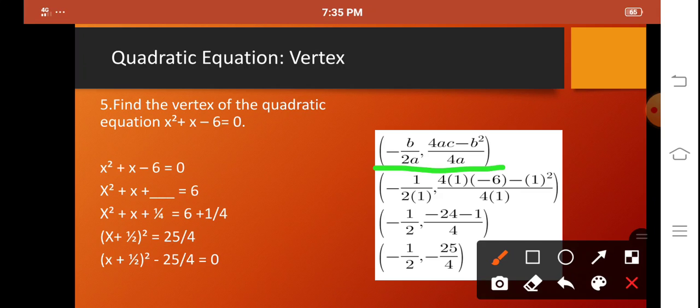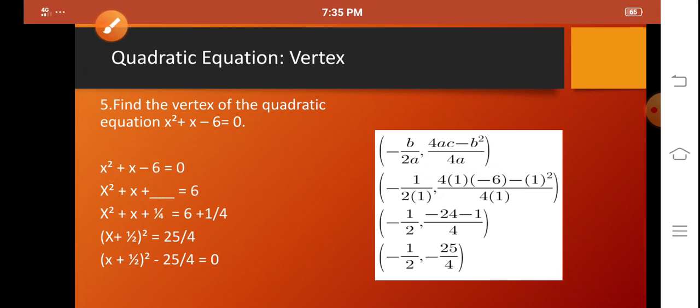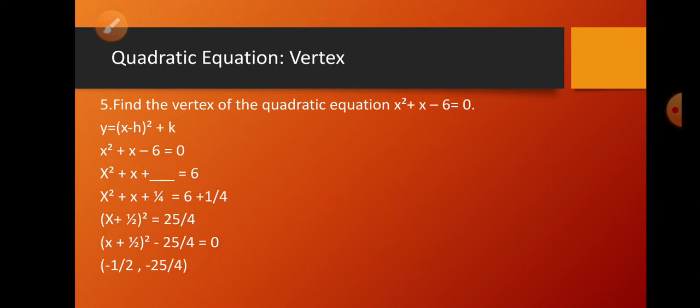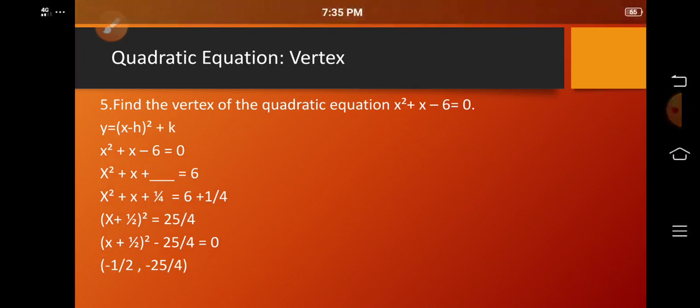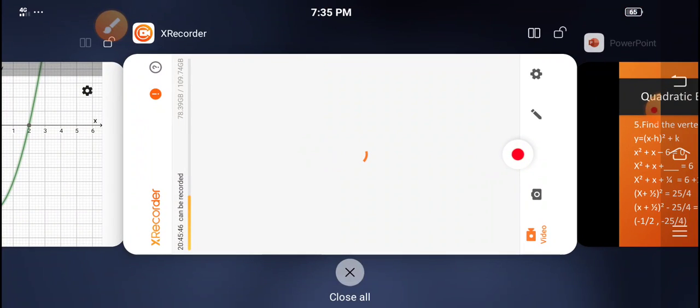Now, what is this vertex? When I say vertex, it is the turning point of our graph.